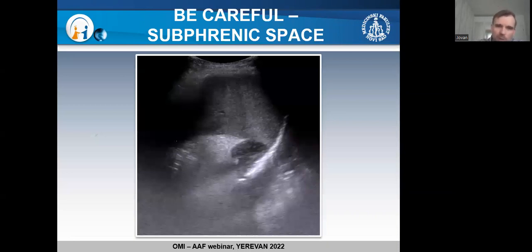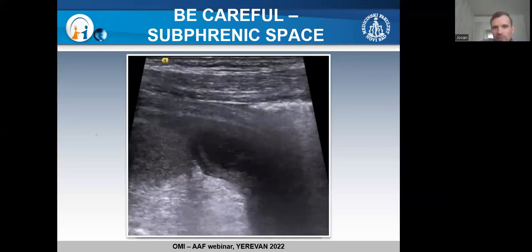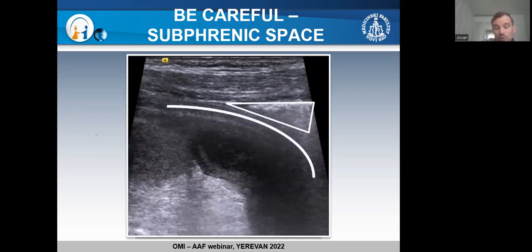Also, when you're performing this transabdominal approach, you have to be careful about subphrenic space. There is something that shouldn't be there, and with closer inspection, look at here. This is a lung that is not good lung. We'll talk about it later.